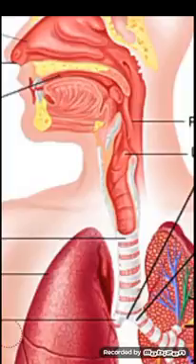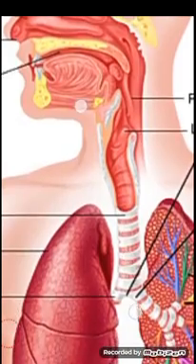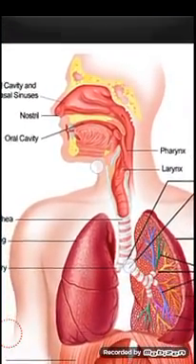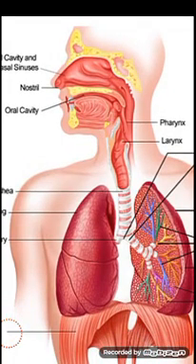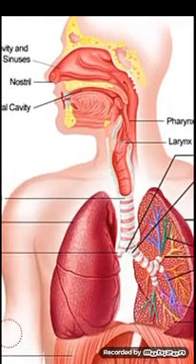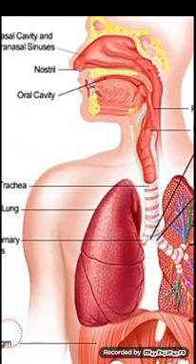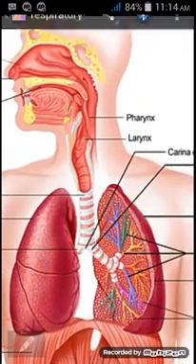Functions: the trachea serves as a passage of air, moistens and warms it while it passes into the lungs, and protects the respiratory surface from an accumulation of foreign particles.